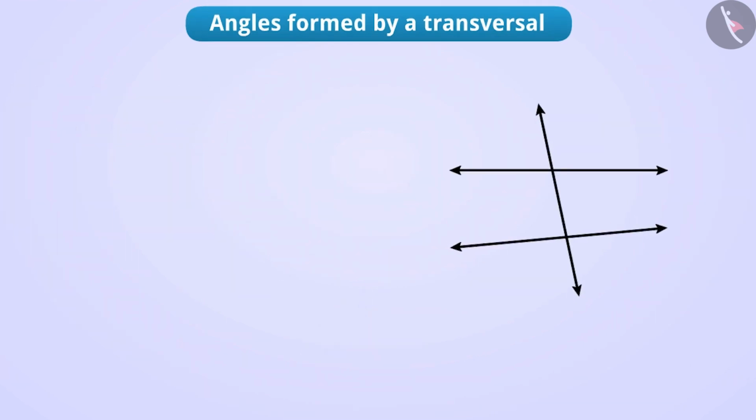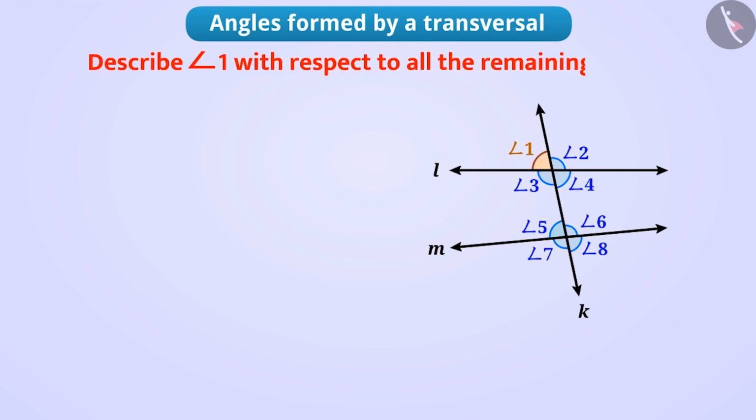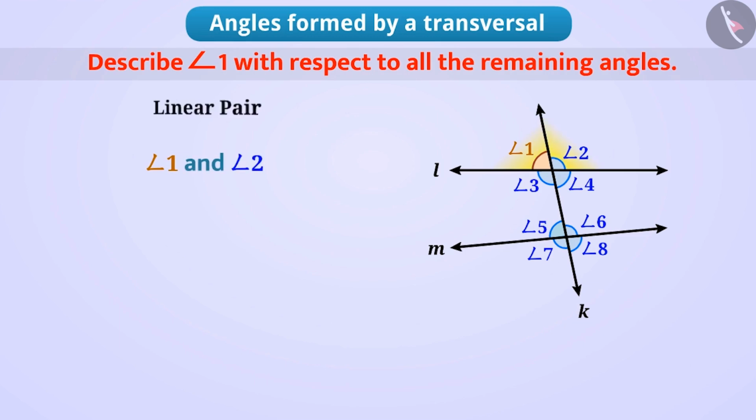Let us look at an interesting question. Here the transversal K of the lines L and M is making the shaded angles. Describe angle 1 with respect to all the remaining angles. Pause the video and think about it. We can see that angle 1 and angle 2 form a linear pair. Can you explain the meaning of this?